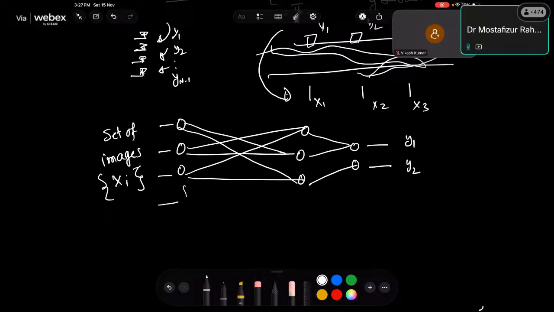You have lots of inputs, but ultimately you have to classify into two parts, y1 and y2. Sometimes y1 and y2 are known. This kind of problem is called the classification problem. And you also know your neural network, that is, the A matrix, you already know.